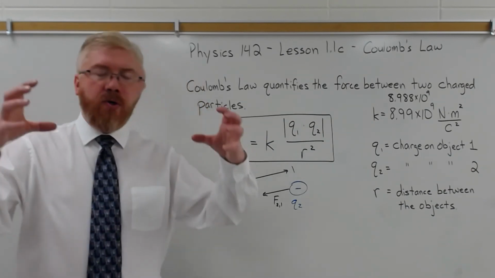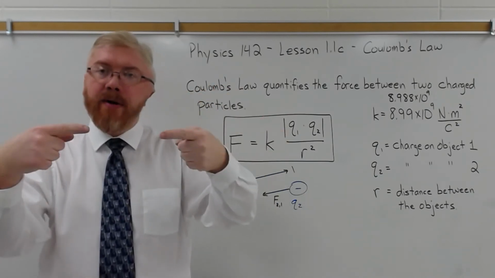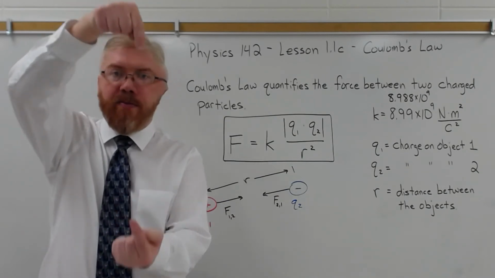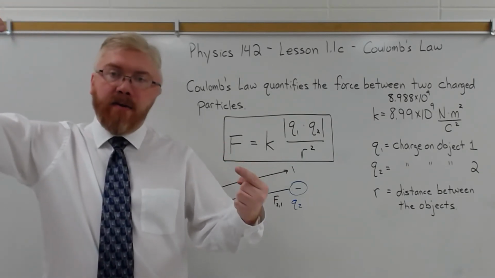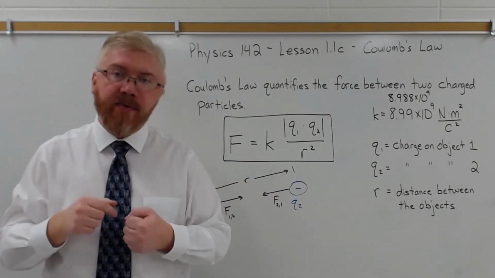So if these are two particles placed on the horizontal axis, the force will be attractive together in the horizontal axis. If these two objects are placed on the vertical axis, the force will be vertical. If they're placed offset, the force is still on a line connecting those objects in an attractive direction.